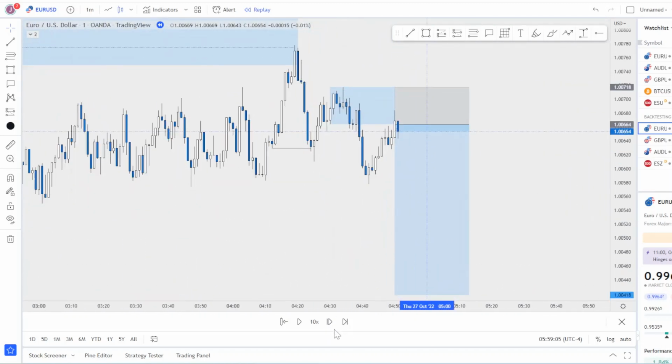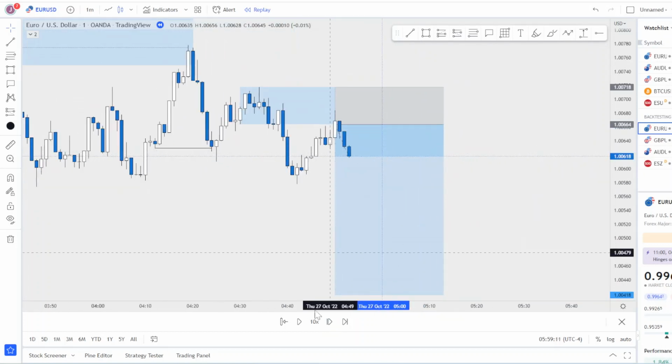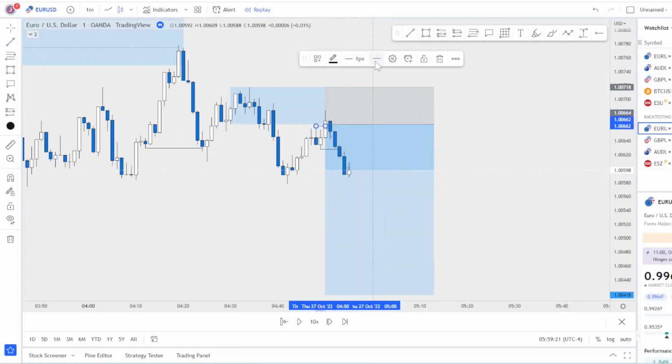I also took another trade because what happened here, we had a break right there. So I'll mark it out. We had a break here, so showing me that we're moving bearish again, and we had the sweep here.